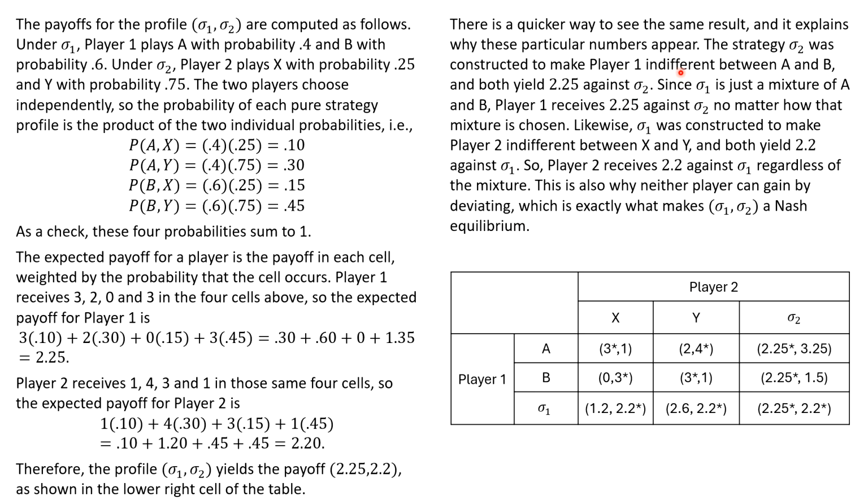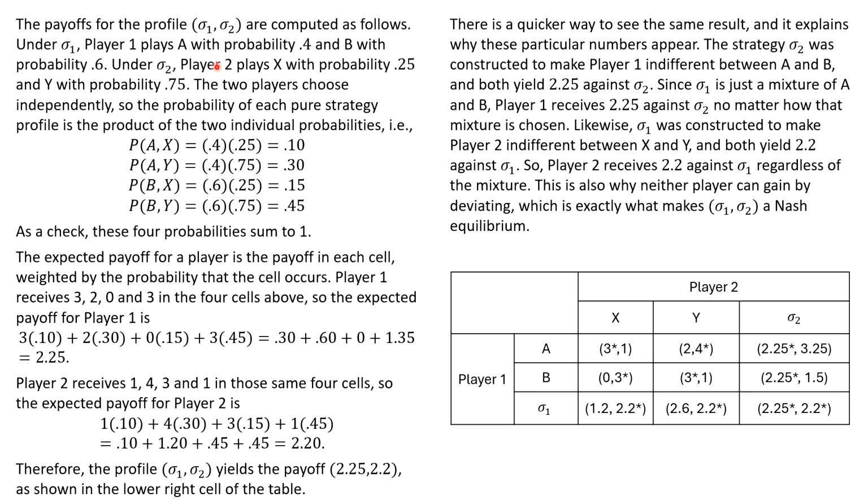And the shortcut I've listed here goes as follows. Let me just read it to make sure I get it straight. The strategy sigma sub 2 was constructed to make player 1 indifferent between A and B. In other words, these payoffs are the same for player 1, right? 2.25, 2.25. And since the strategy sigma sub 1 is just a mixture of A and B, percentage of each, and the percentage adds up to 1, right?